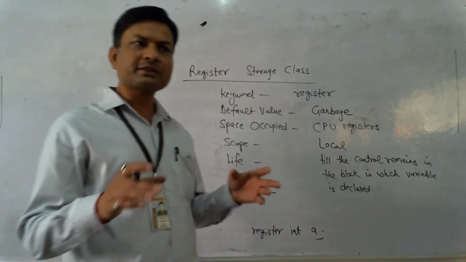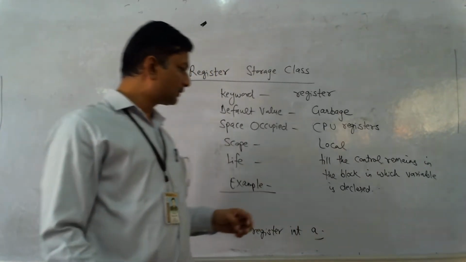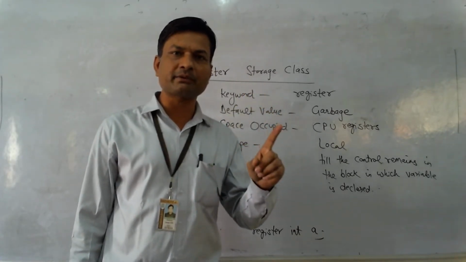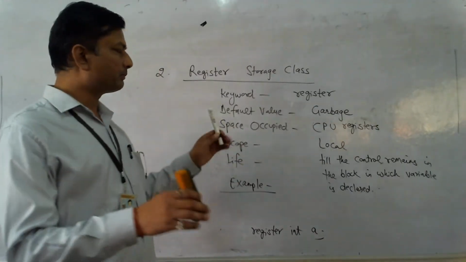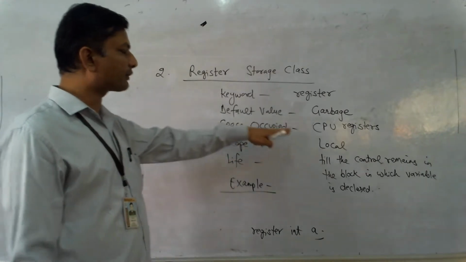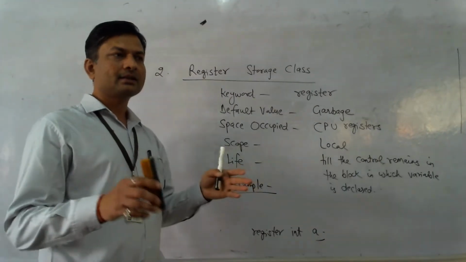So what is the difference between memory and CPU registers? Actually, this is the first thing we should know. So before proceeding to the third storage class, I would like to tell you the difference between memory and CPU registers.